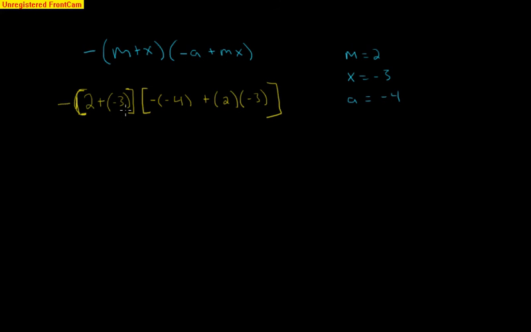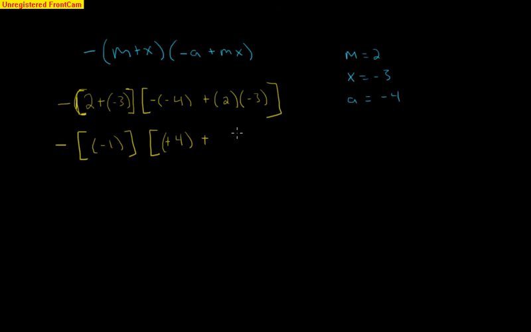So still multiplying these two quantities together, taking the opposite. I can simplify this guy without breaking any order of operation rules right away. I'm going to simplify him to 2 plus negative 3 is the same as 2 minus 3. So this equals negative 1. And then over here, this is positive 4. A lot of times we don't write that positive, but I'm going to write it anyway.